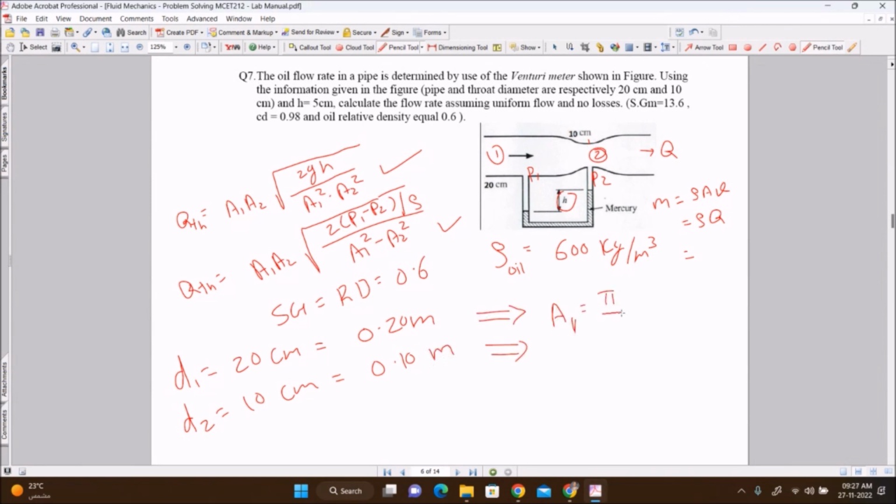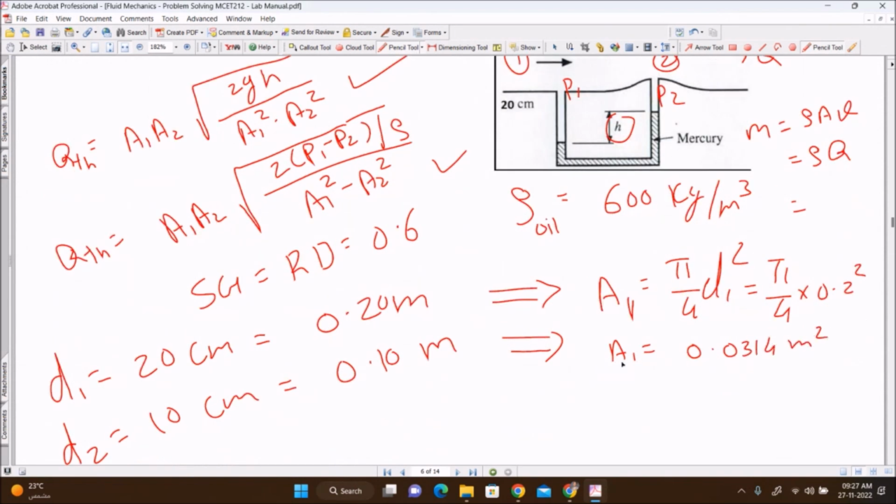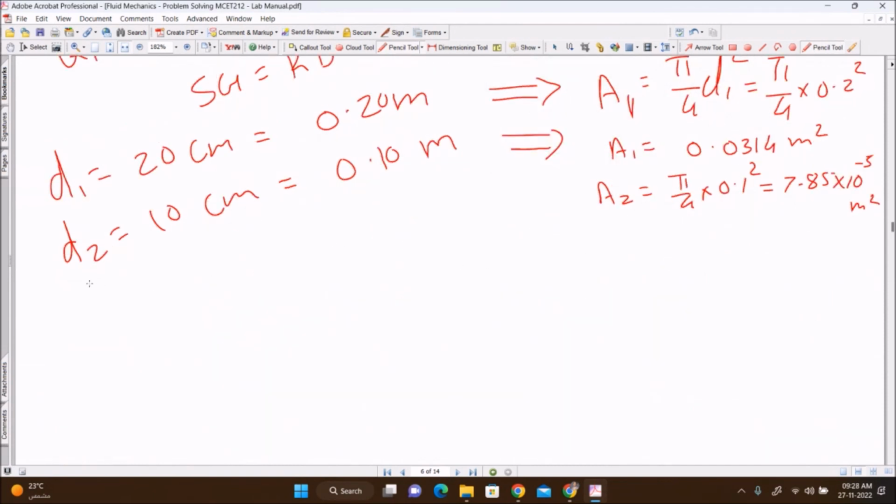Calculate area A1, pi by 4 D1 square, is equal to pi by 4 into 0.2 square. So you will get A1. The H of mercury is given as 5 centimeter, so it is equal to 0.05 meter.